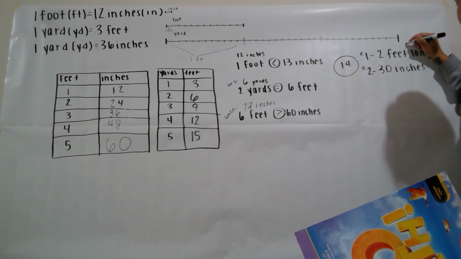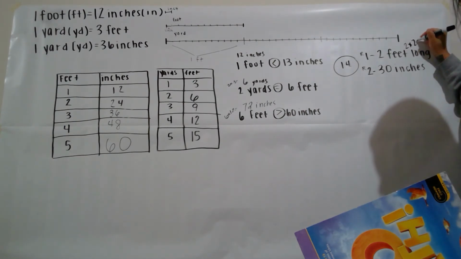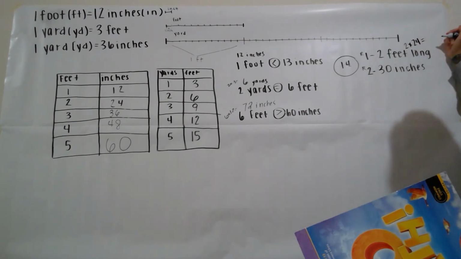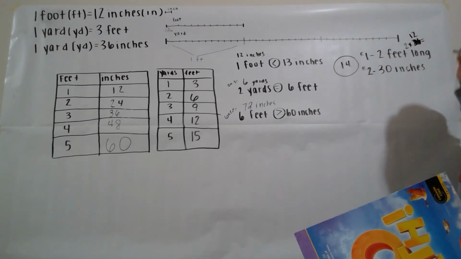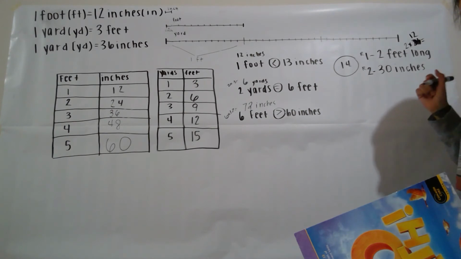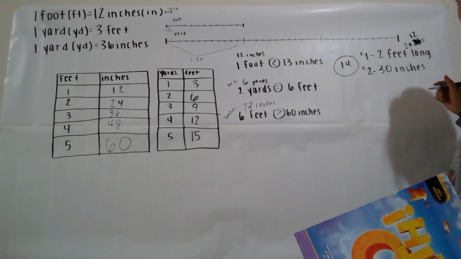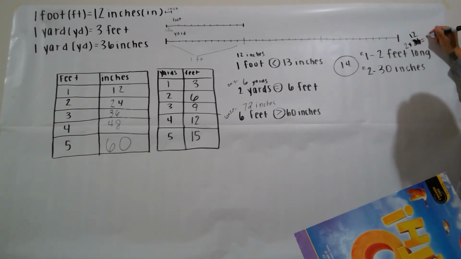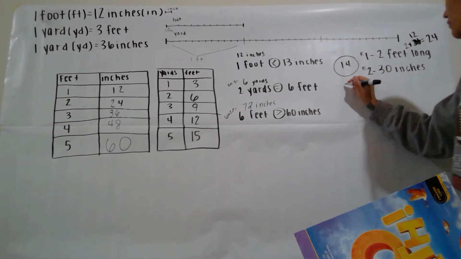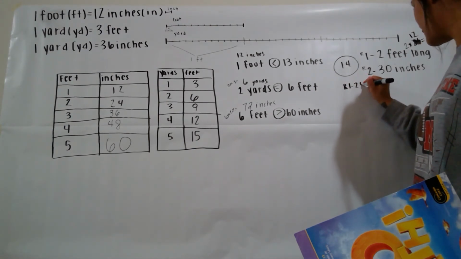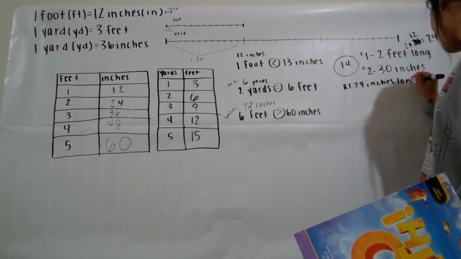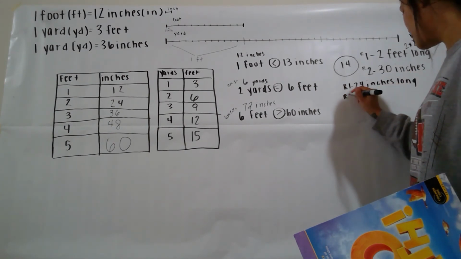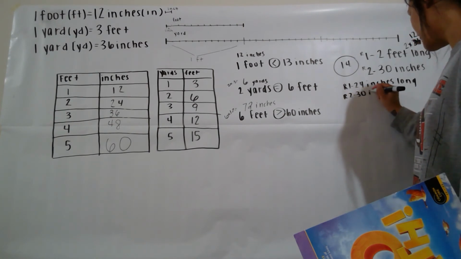So let's do 2 times 12, there's 12 inches in a foot, to find out how many inches are in 2 feet. We know that 2 times 12 is 24. So ribbon 1 is 24 inches long. Ribbon 2 is 30 inches long.